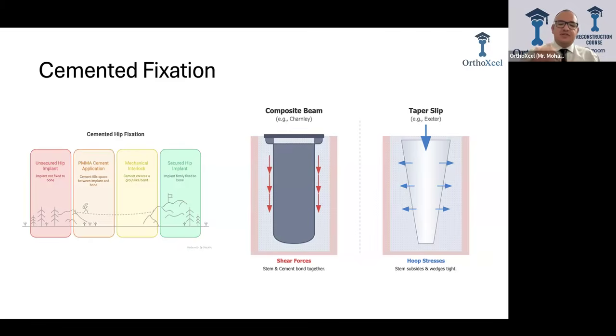Basically, it's a rough surface that goes inside a cement, which is the first tube, and the cement and the implant go inside the bone, which is another tube. All of this is like one composite beam, doesn't allow any subsidence, and achieves stability from minute one. The taper slip is a stem which has a taper, a differential diameter in the three planes.